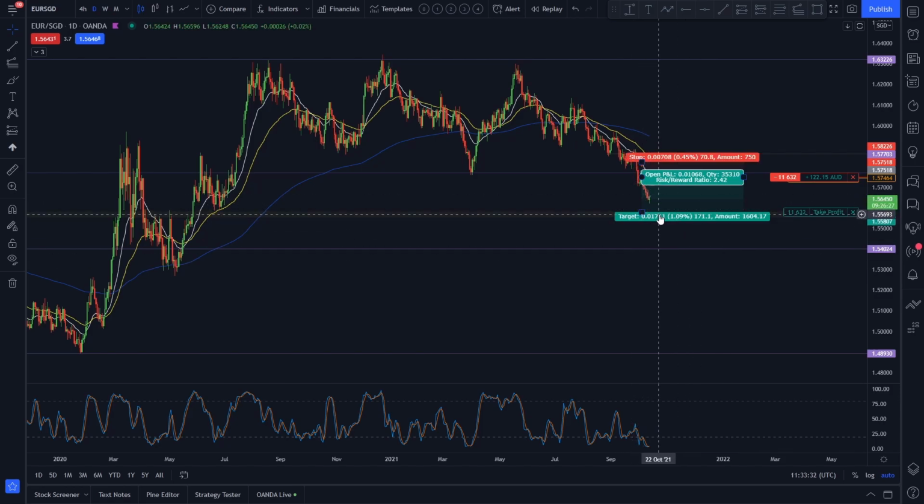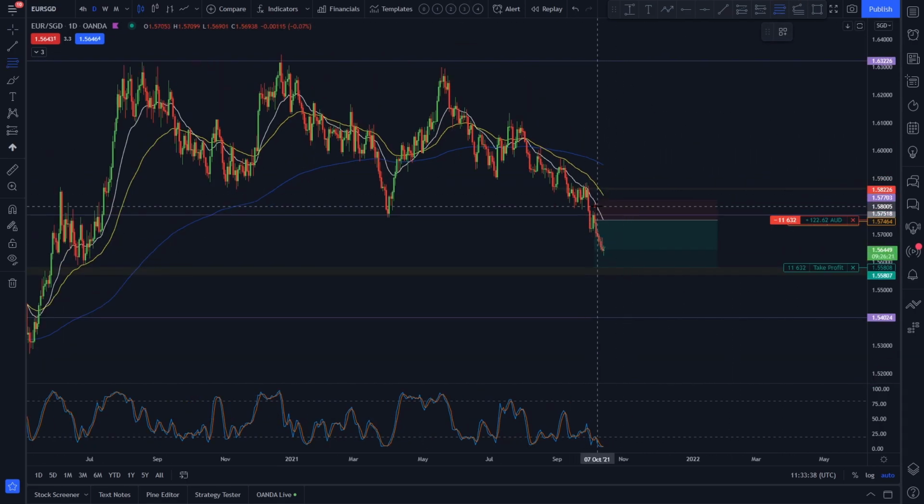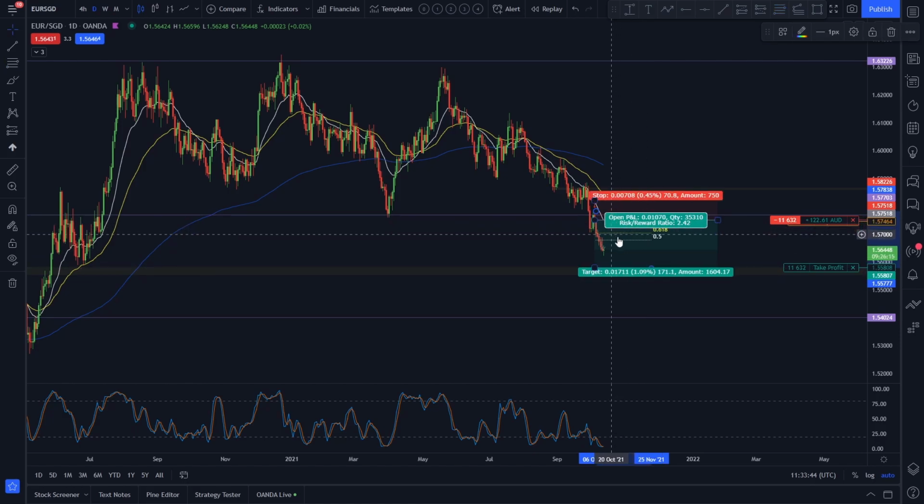So I'll bag the profits when it comes down here, and then I'll most likely re-enter this position once price has retraced. If we're looking for a retracement, we're probably looking around here somewhere, most likely this point here.